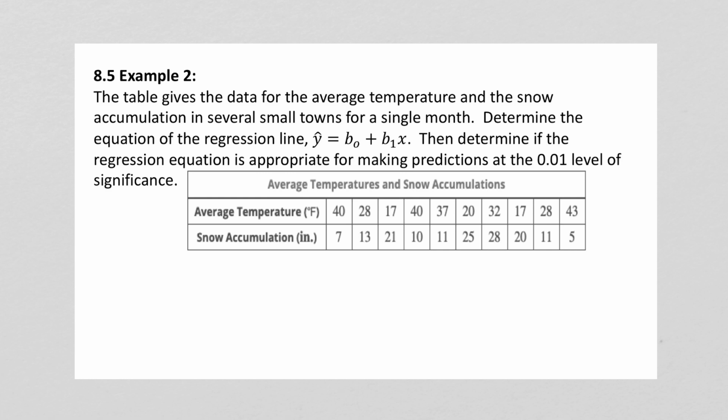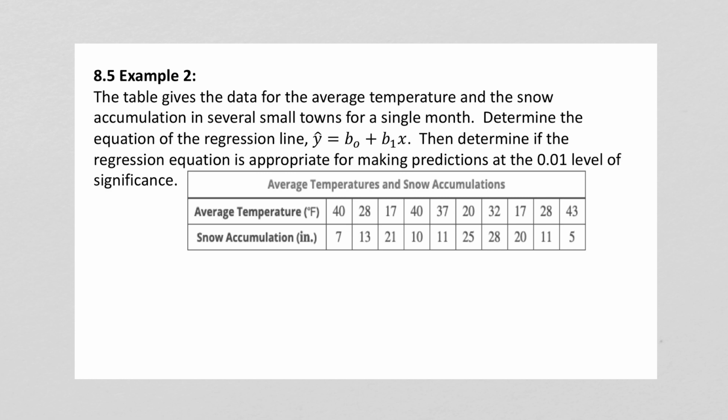When you put in your answer, you have to have the B naught first. So it has to be in this order here, or it's not going to count it right. Just a fair warning.